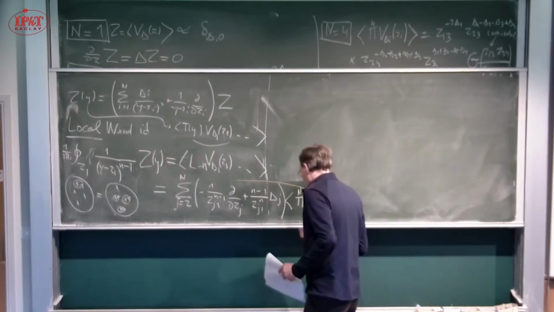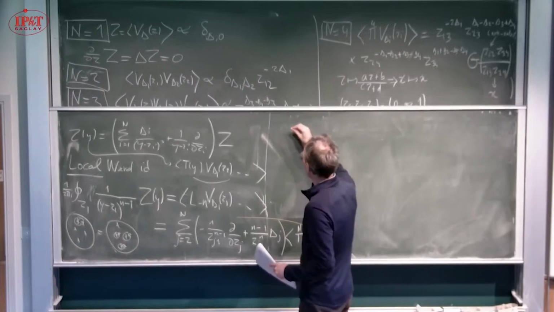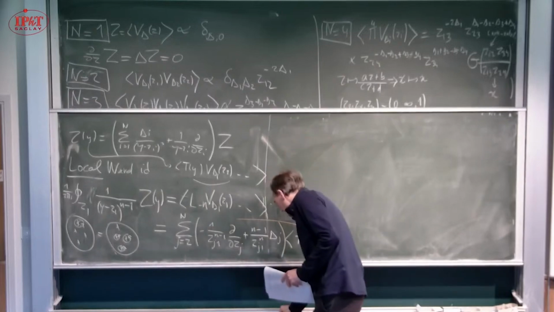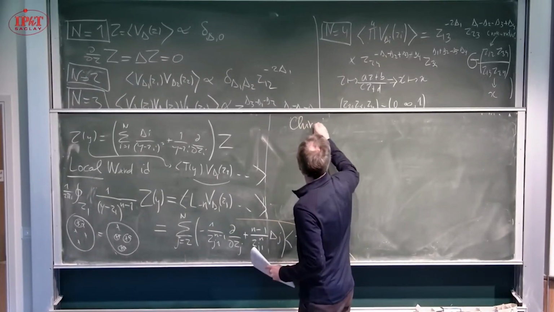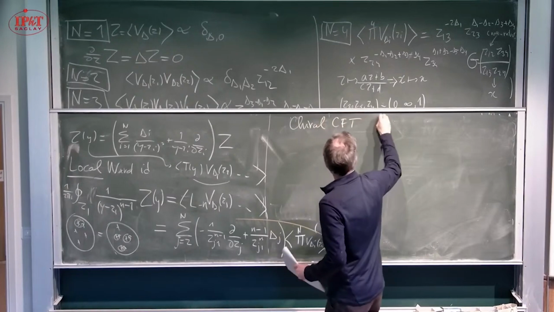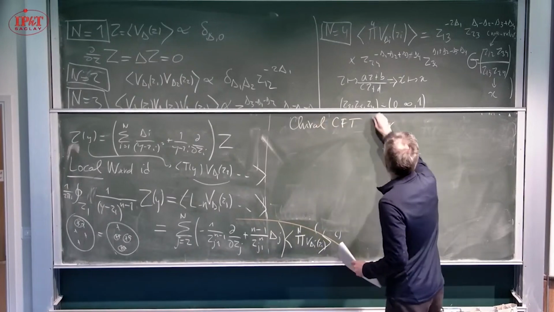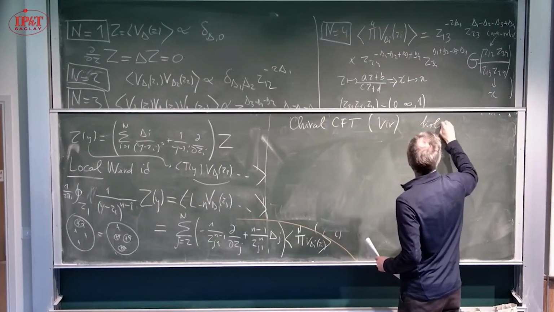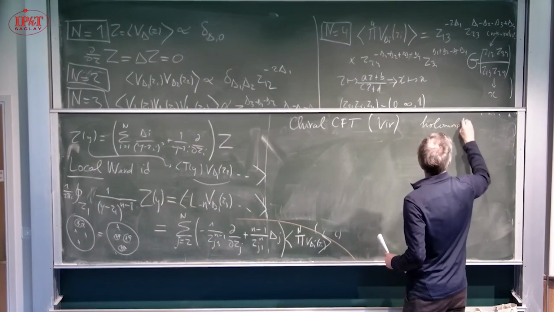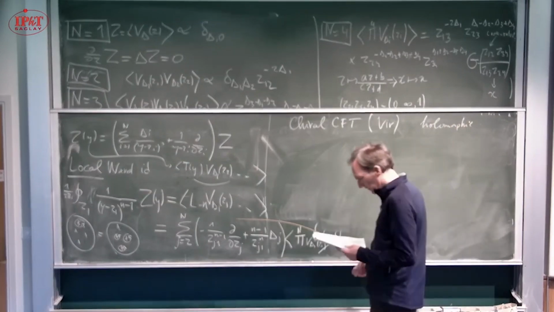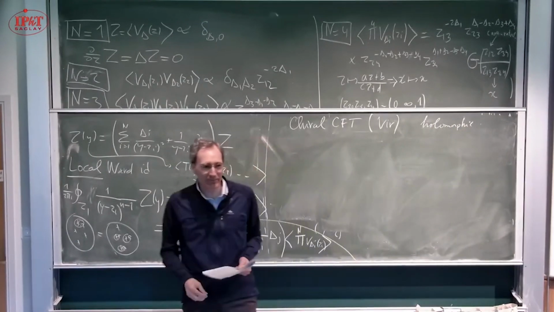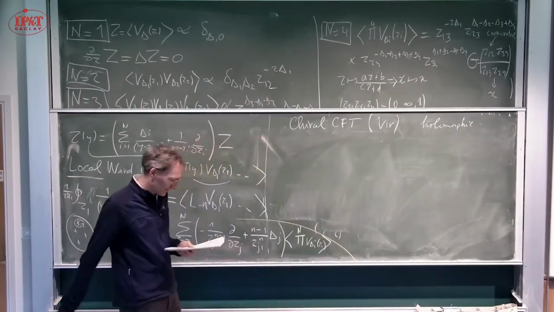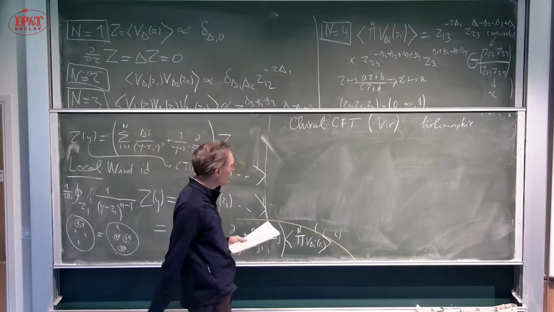So now, all that we've been doing is chiral conformal field theory. We had just one Virasoro algebra, and everything was holomorphic, basically, or meromorphic. But that's not how the real world is. The real world is not really holomorphic.